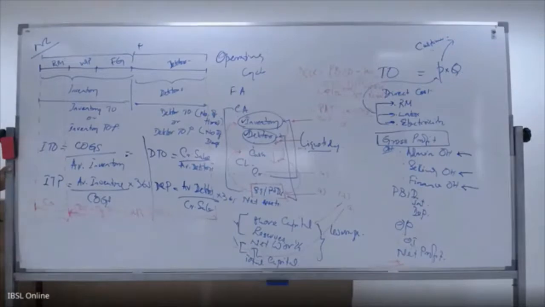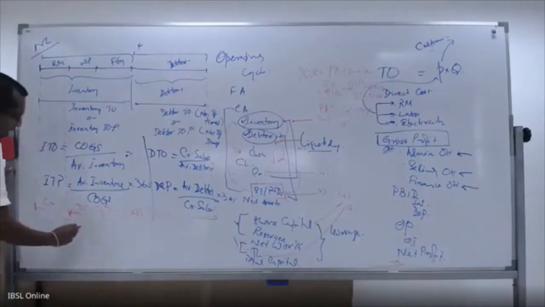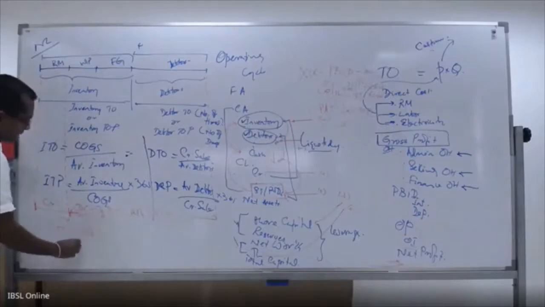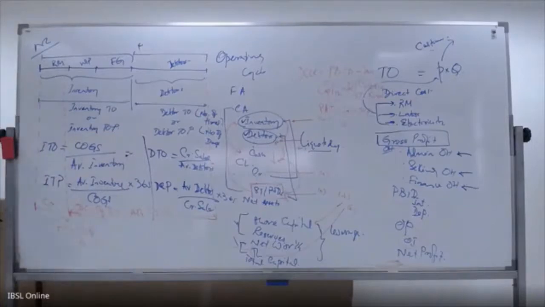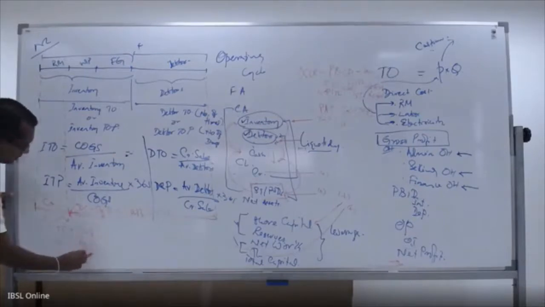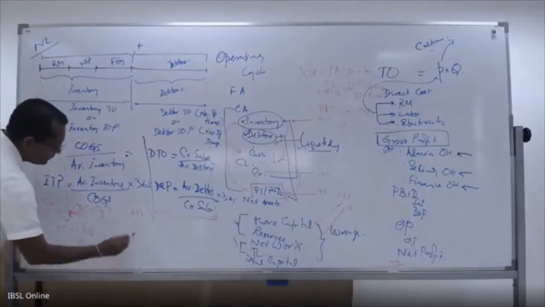How do you calculate creditor turnover period? Creditor turnover equals cost of goods sold divided by average creditors. How many times per annum you pay your creditors? Creditor turnover period, that means number of days, equals average creditors divided by cost of goods sold into 365.